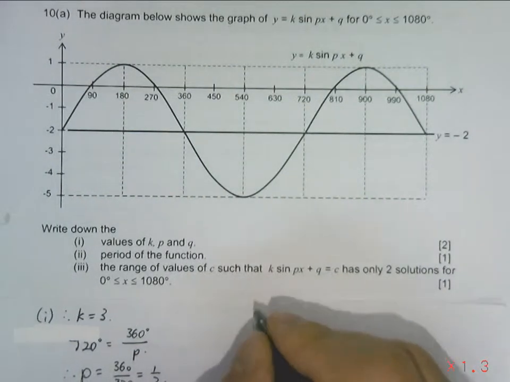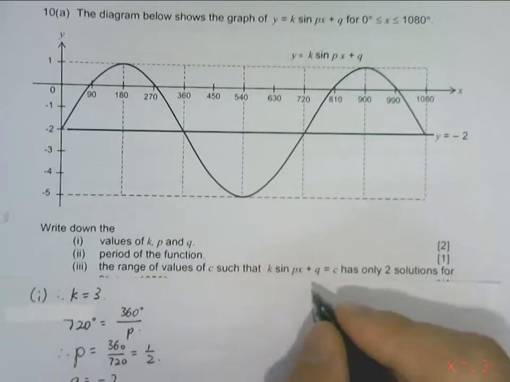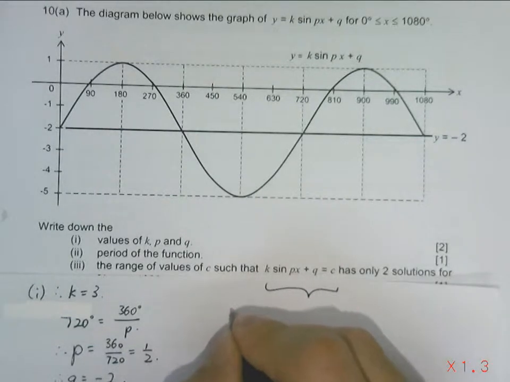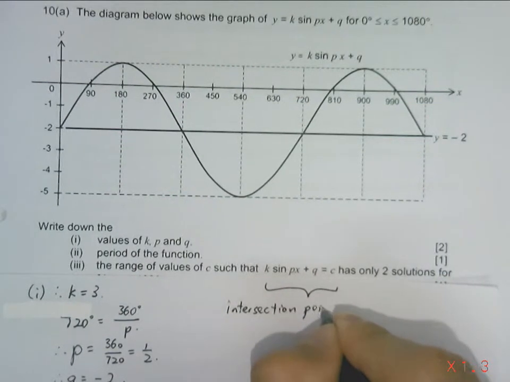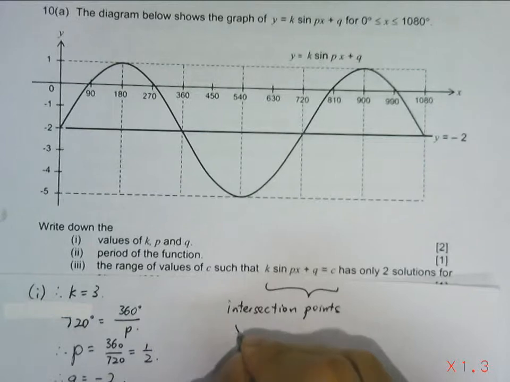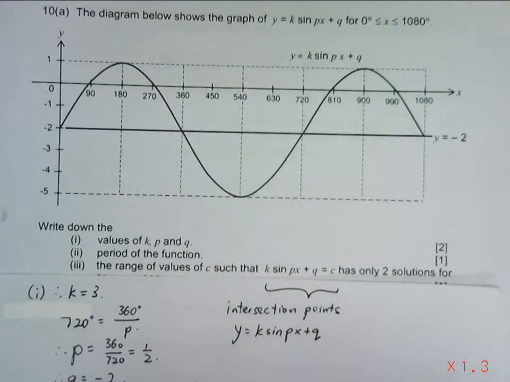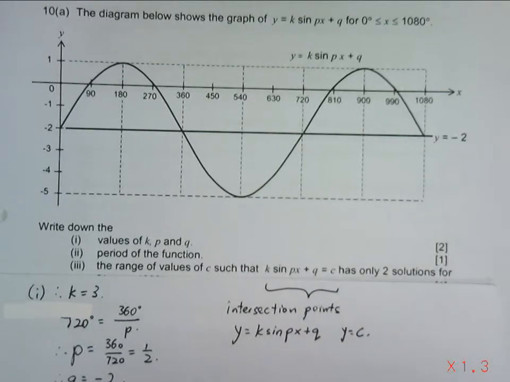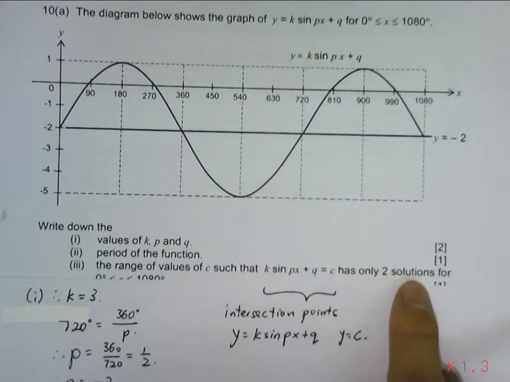So keep in mind that we are finding the intersection points between the graph y equals k sine px plus q, which is already given, the curve, as well as the line y equals c. So between these 2 graphs, there could only be 2 solutions.